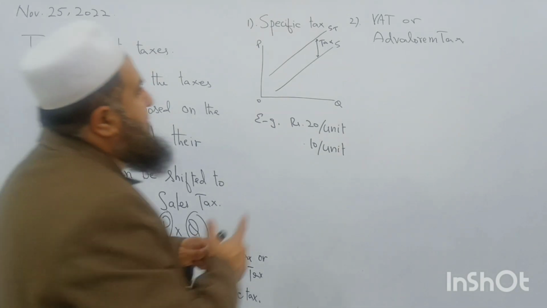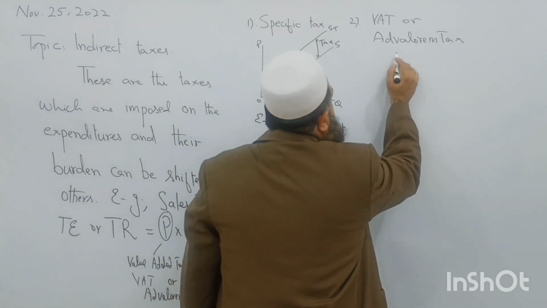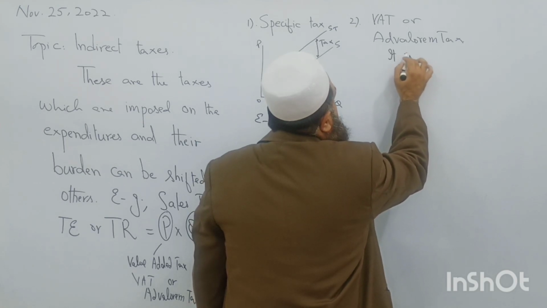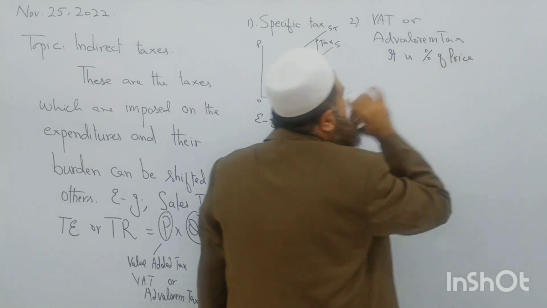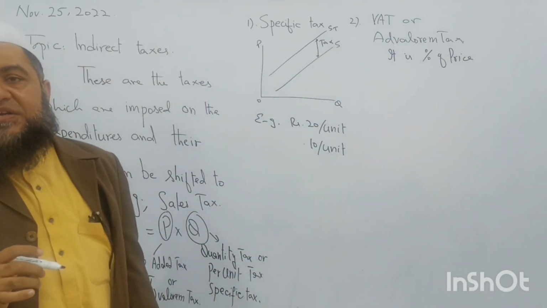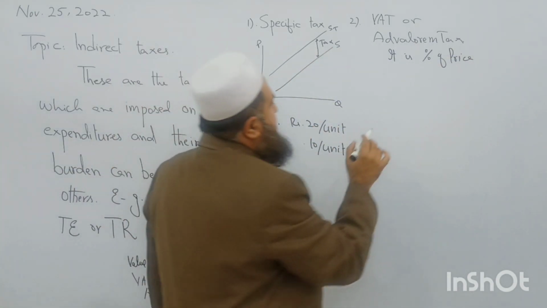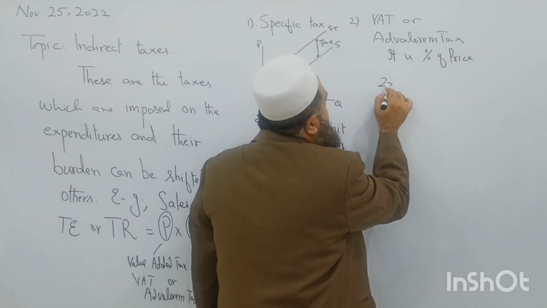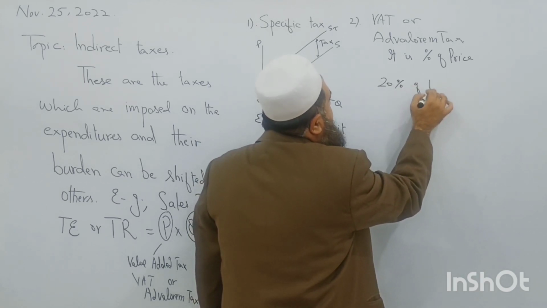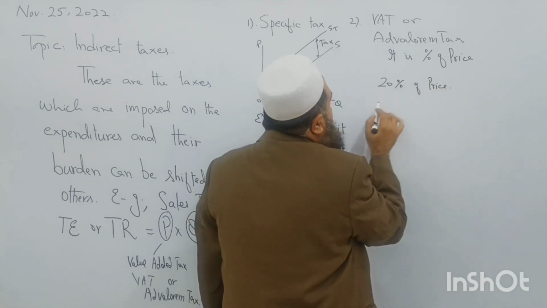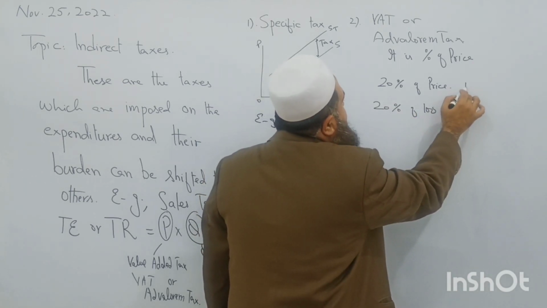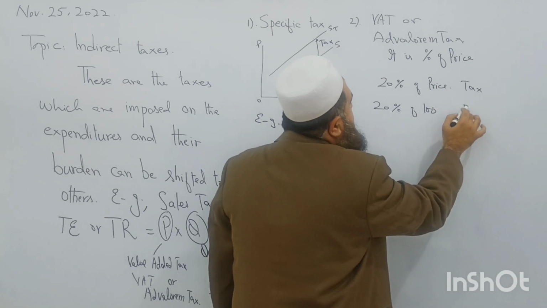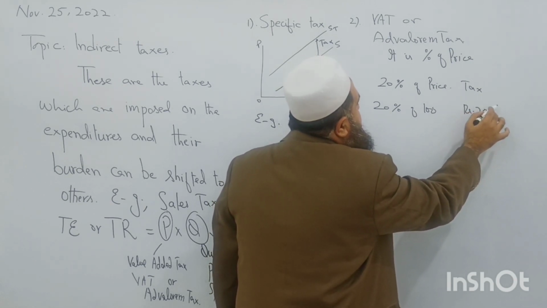Now when we talk about equivalent tax, it is percentage of price. For example, I say 20% of price, and the price is 100 rupees. So what is the tax now? Rupees 20.